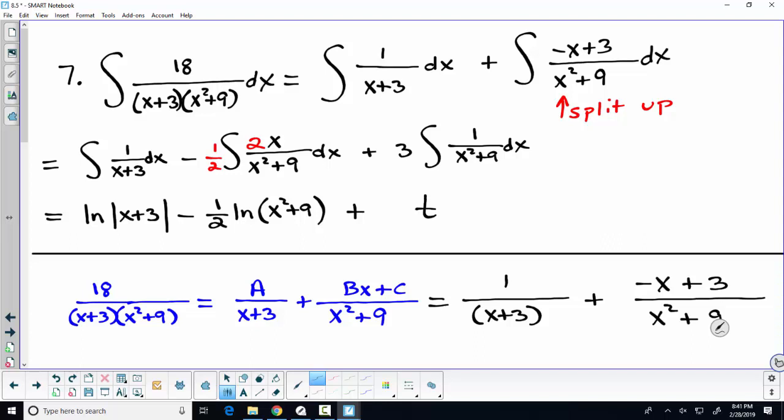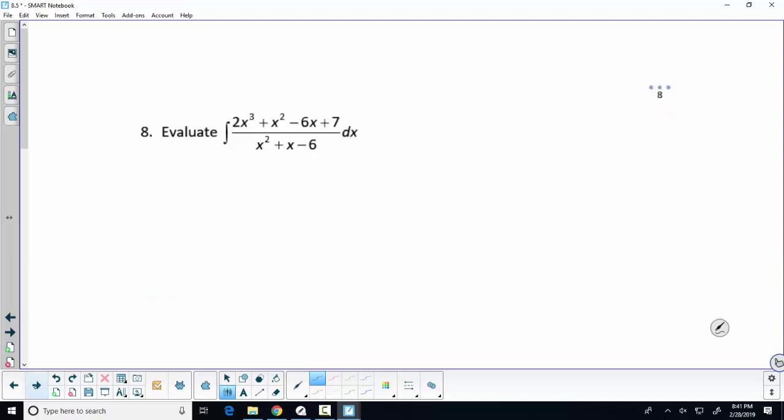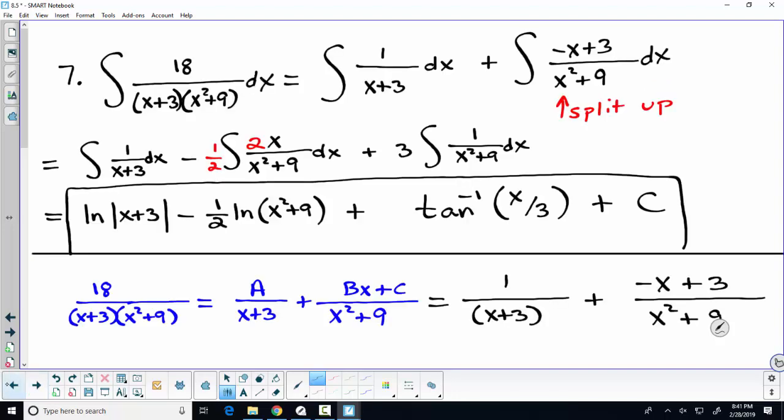So this is just inverse tangent of x over 3. All of our constants here. Oh, the 3 cancels out. Are there any questions on that example?